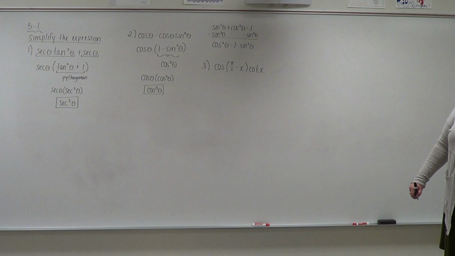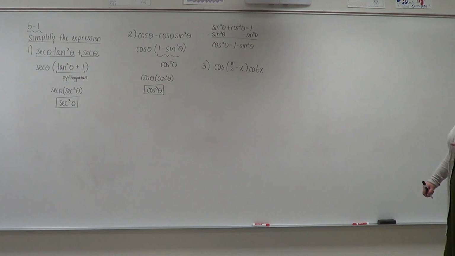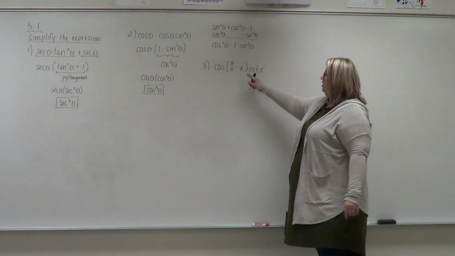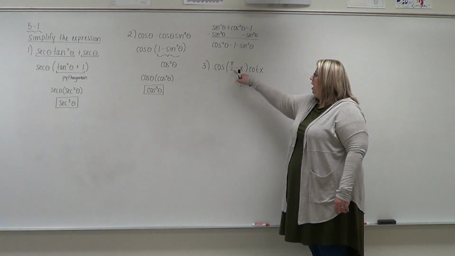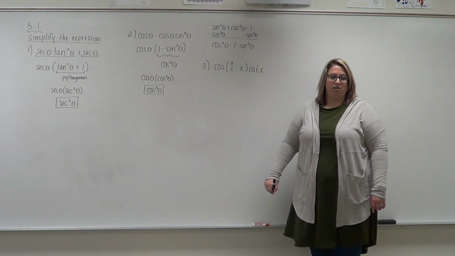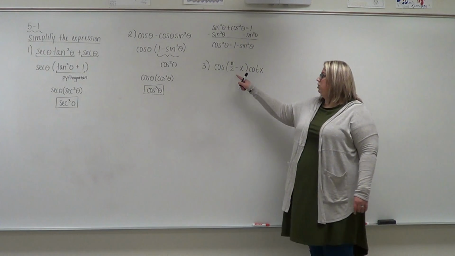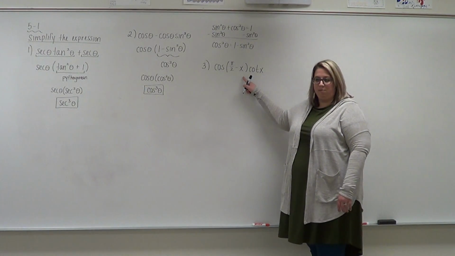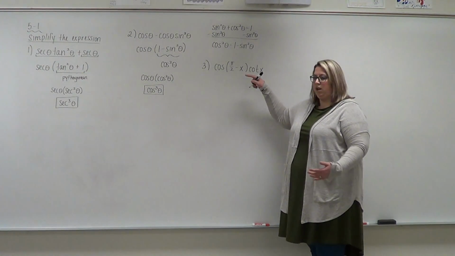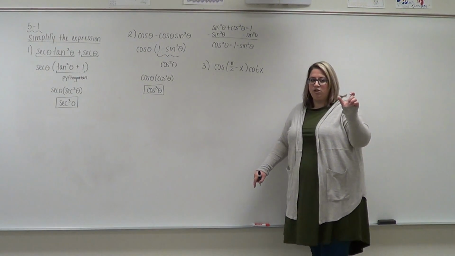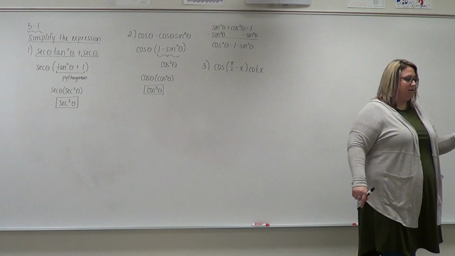If you see parentheses for the angle part and you have something going on, it's either going to be co-function or even-odd. Instead of theta, this one uses x as our angle. It says pi over 2 minus x. If you see pi over 2 minus, or 90 degrees minus something, or just negative x or negative theta, it's either co-function or even-odd.